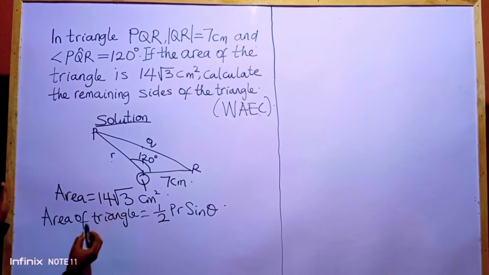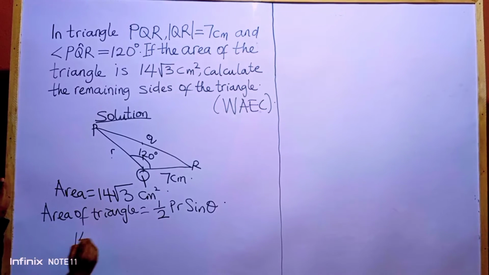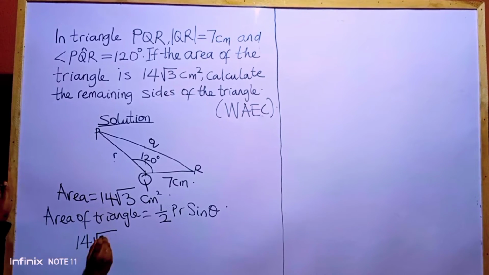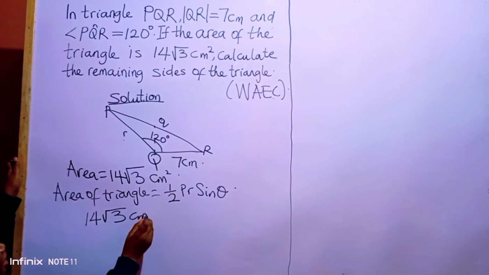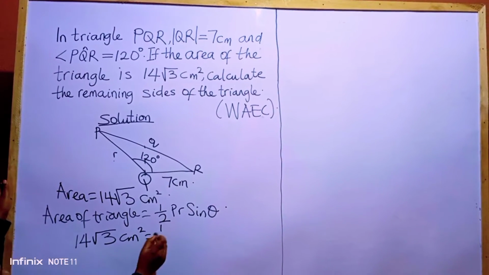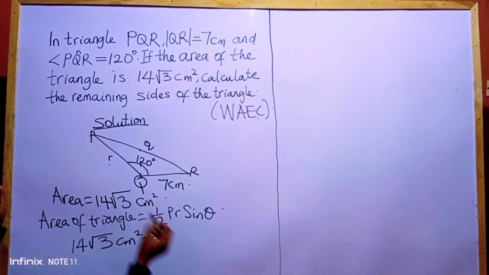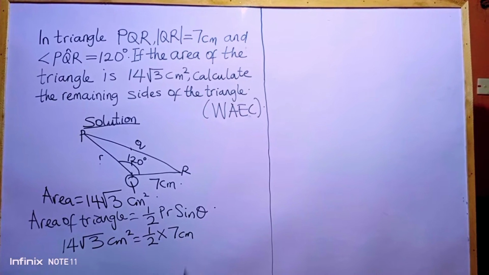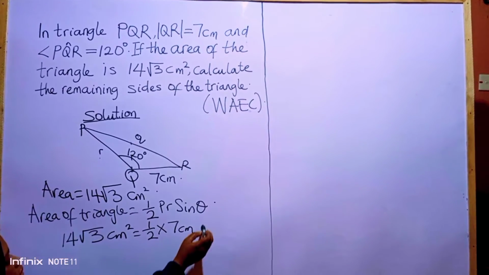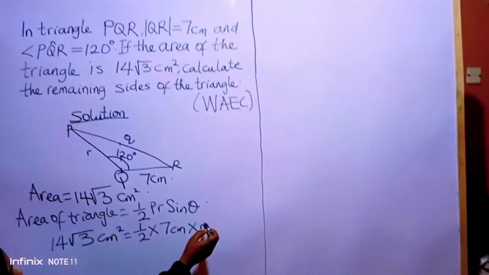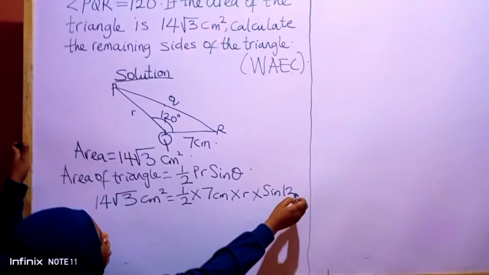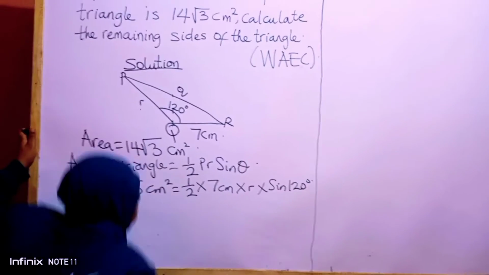Since we are given the angle, let's write down. The area of triangle is equal to 14√3 centimeters squared is equal to 1/2. So p is equal to 7 centimeters. Then we are yet to know this small letter r, and multiply by sine 120 degrees.